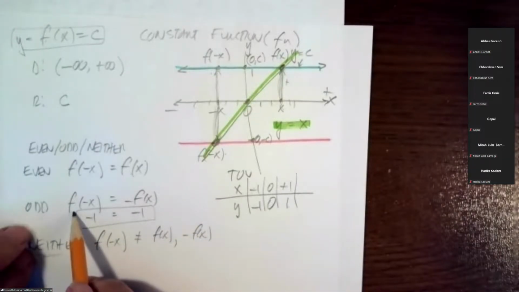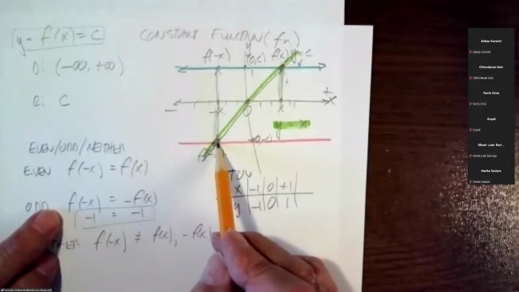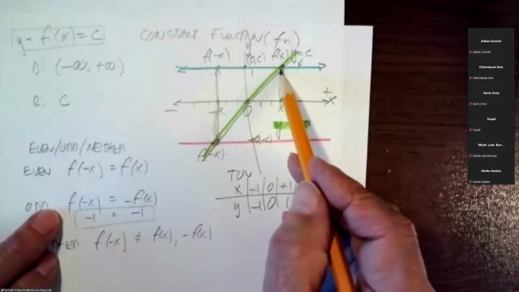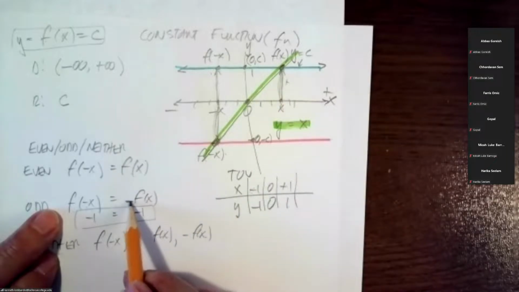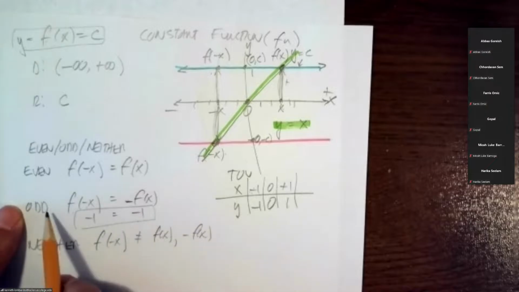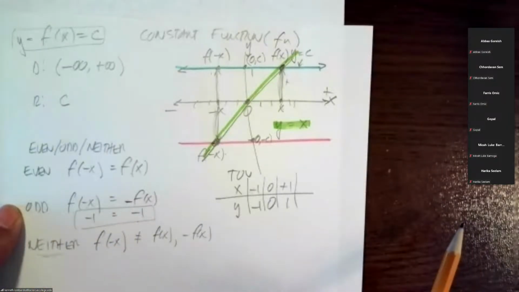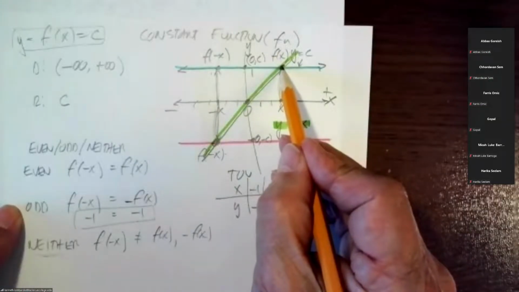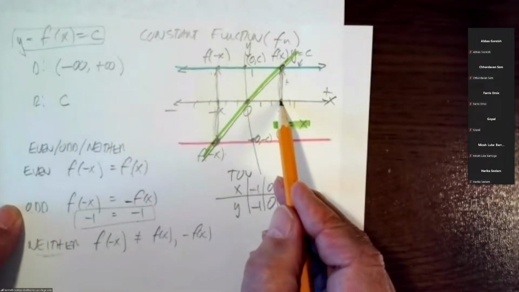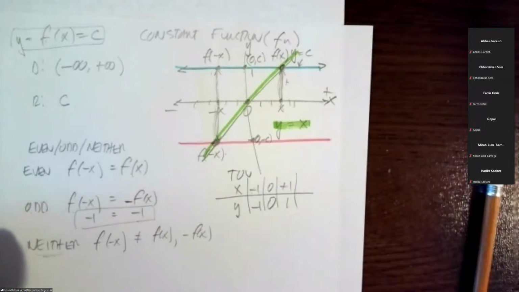So we have f evaluated at -x is -1, and f evaluated at x is +1, but we multiply that by a negative. So we get -1 equals -1. Therefore, that's defined as an odd function. We just evaluate the function at a positive x value and a negative, same magnitude, but negative. Questions on that at all?